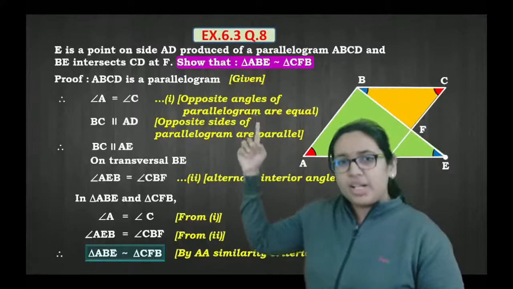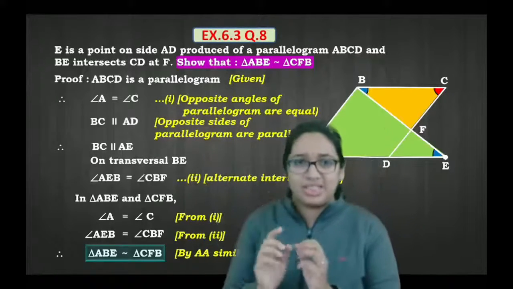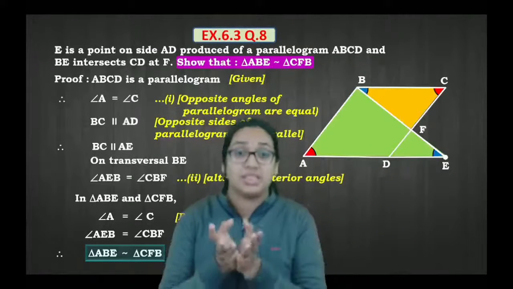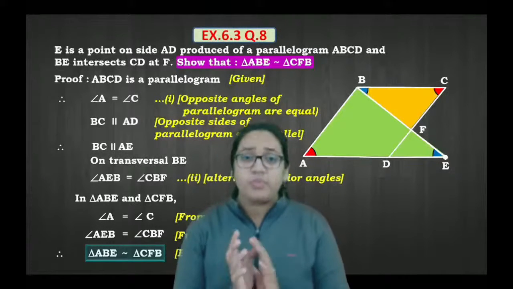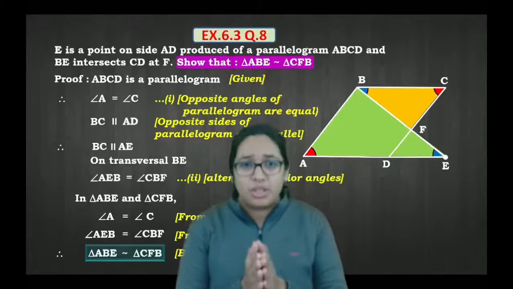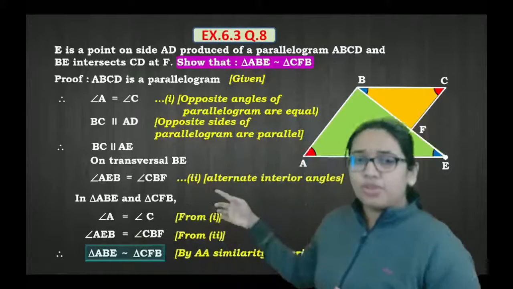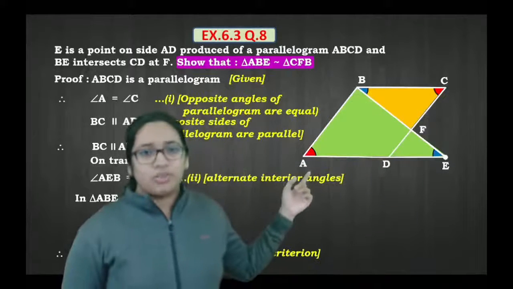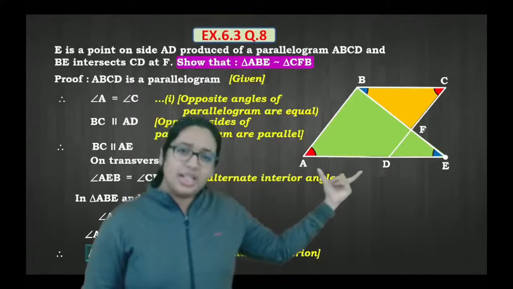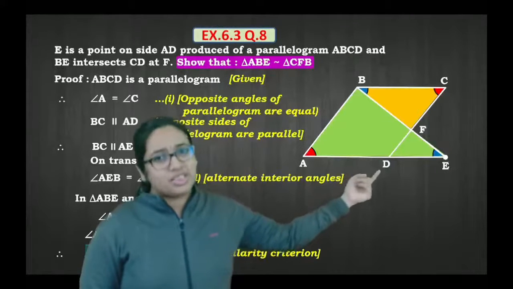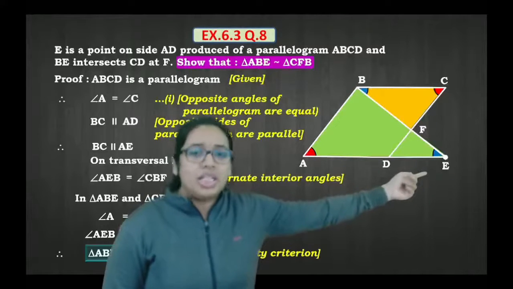इन दोनों प्रॉपर्टी का यूज किया है हमने. किसके लिए? सबसे पहले तो हमने यूज किया अपोजिट एंगल्स आर ऑफ सेम मेजर, अपोजिट एंगल्स आर इक्वल, so A and C will be the same. Next one, if we have a parallelogram then opposite sides will be parallel, but what we have done in this line AD, we have just extended this line so that we can plot point E on it.